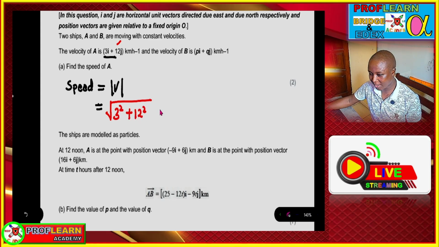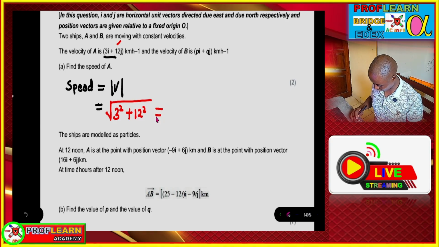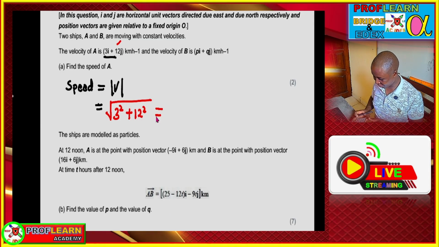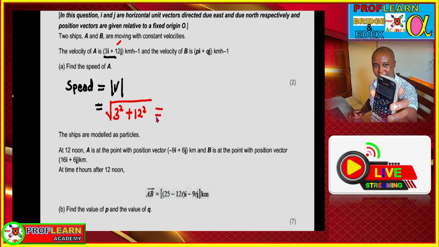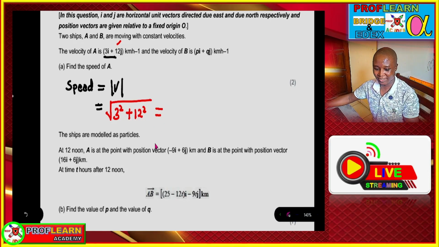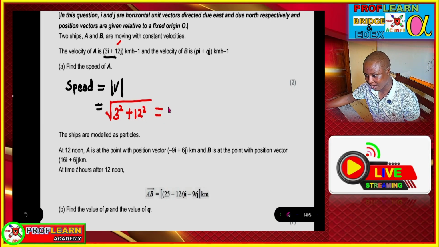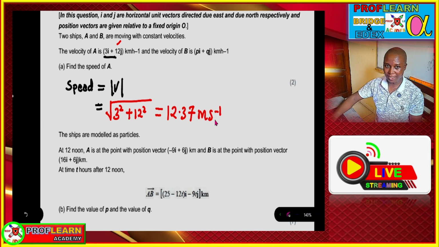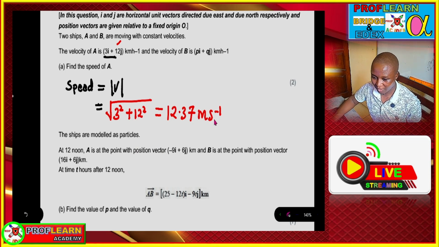If you just plug that into your calculator, you're going to get a very beautiful answer here, which is basically 12.37 meters per second. That becomes the speed of A.